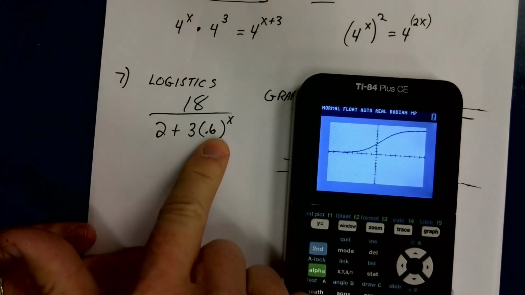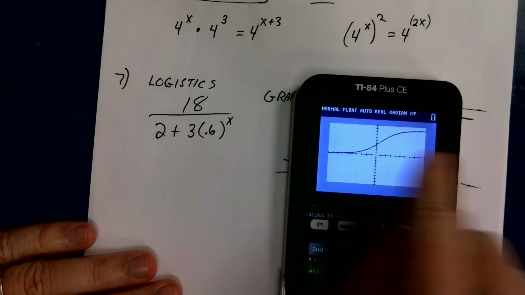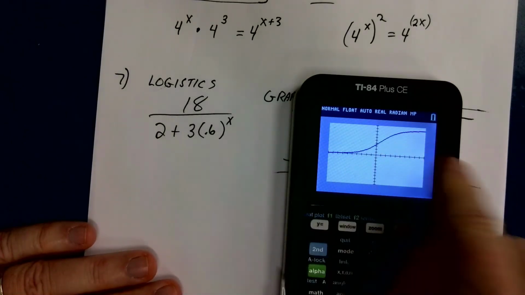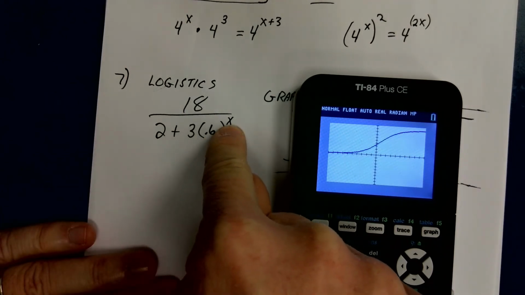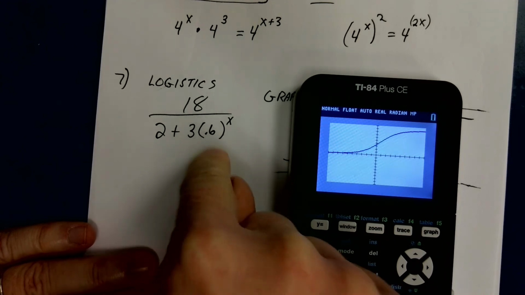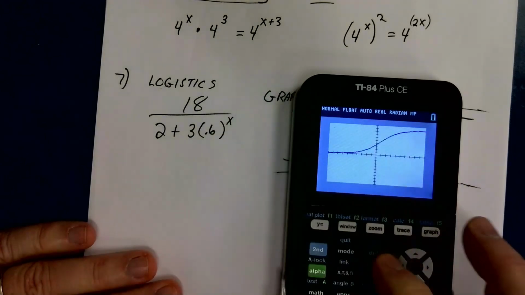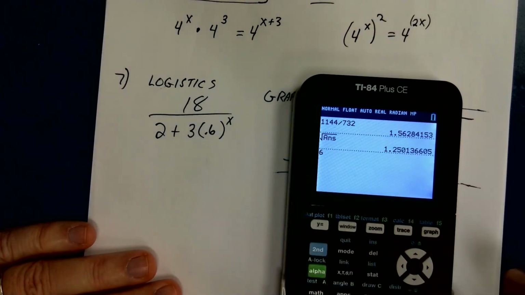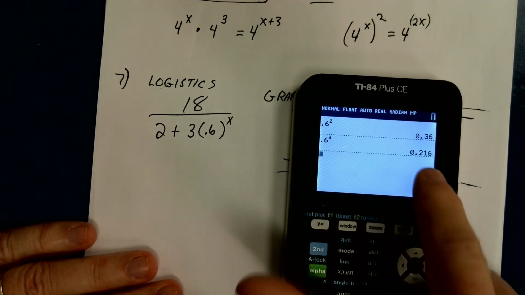Well, if you look right over here, when you're going to the right, x is heading towards infinity, correct? Awesome. So that's a giant value in there for that x. Well, what happens when we multiply 0.6 over and over and over again an infinite number of times? You can see here, 0.6 twice is 0.36, 0.6 cubed is 0.216.